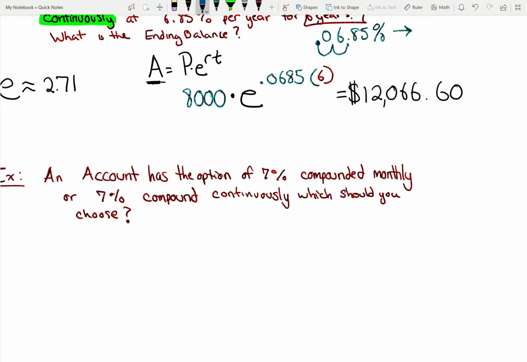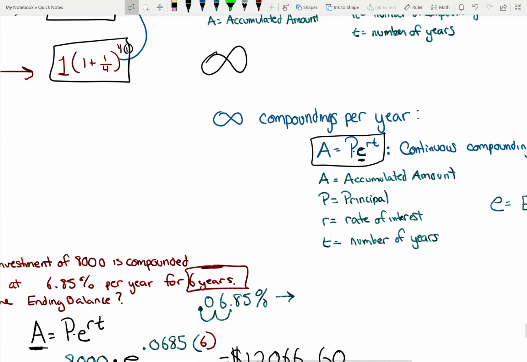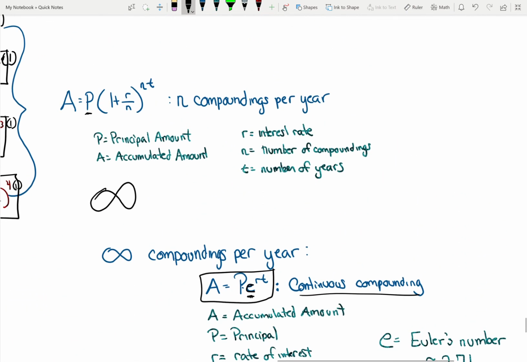Okay, so let's go ahead and start this. The first one we'll deal with is 7% compounded monthly. It's not being compounded continuously here, but it's compounded some number of times per year.